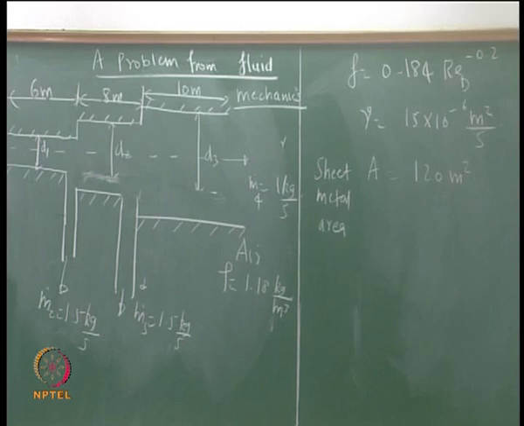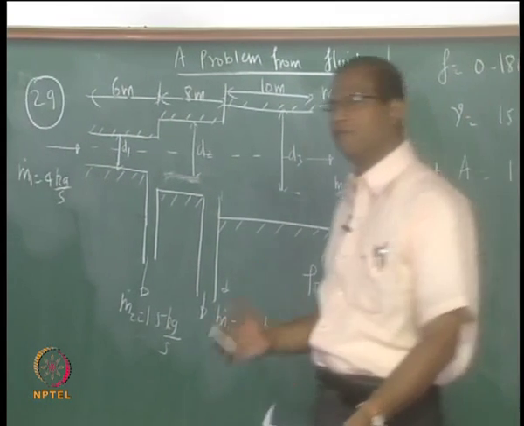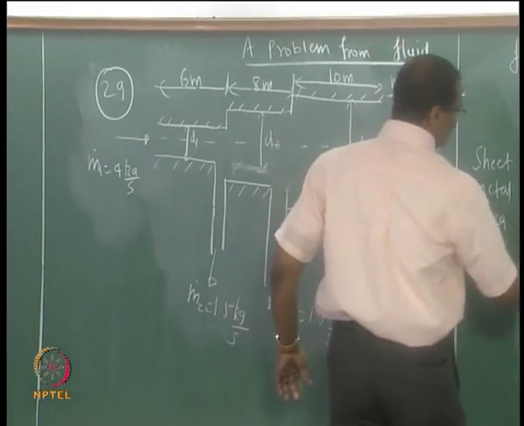Find the diameter such that the total pressure drop is minimized. It is a standard problem in fluid mechanics. Okay, what is the problem? Objective.